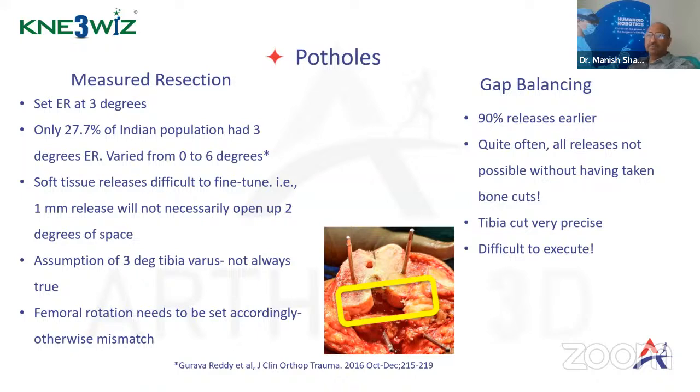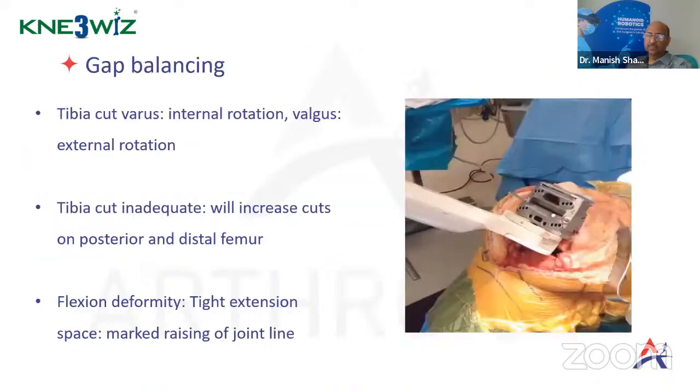And that is why with gap balancing, what is most commonly done is that 90% of the releases are done earlier. Once you have the desired correction, the tibial cut is taken precisely, and then the femur is placed depending on the balance achieved with tibia. But then what happens is that if the tibia cut is in varus, the femur will internally rotate.